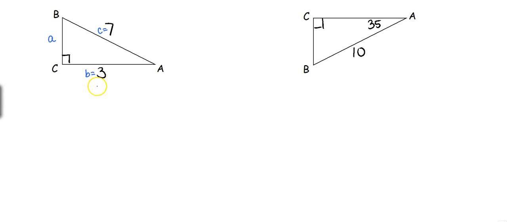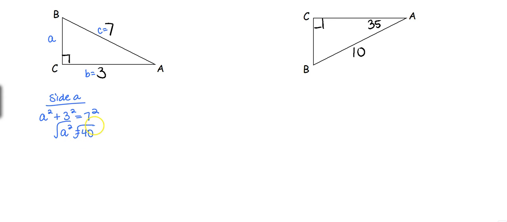So when we look at this, there's a lot of different ways we can go about it. I'm going to go ahead and start with side A. Another review is if you're given 2 sides of a right triangle, we can always solve using the Pythagorean theorem. So a squared plus b squared is equal to c squared. We get a squared is equal to 40.